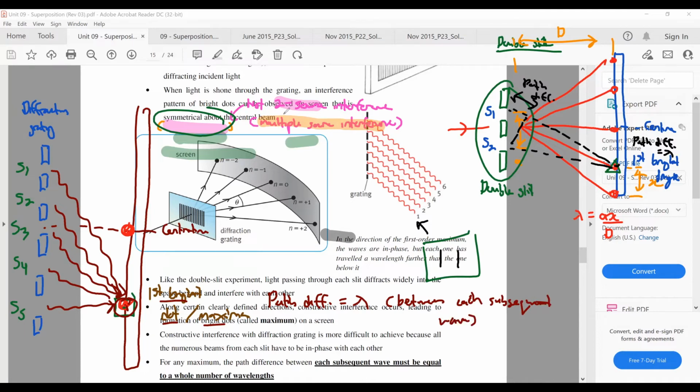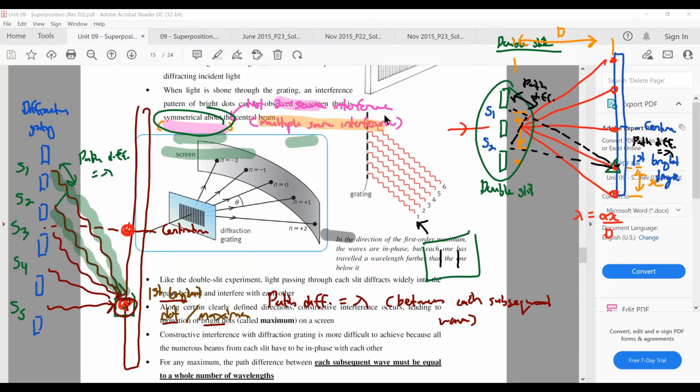What it means is that between wave S1 and S2, when it arrives here to give me the bright spot, the constructive interference, this path difference must be equal to lambda.